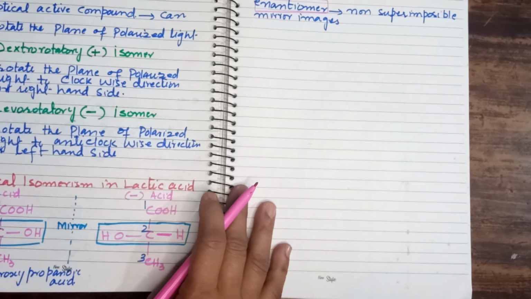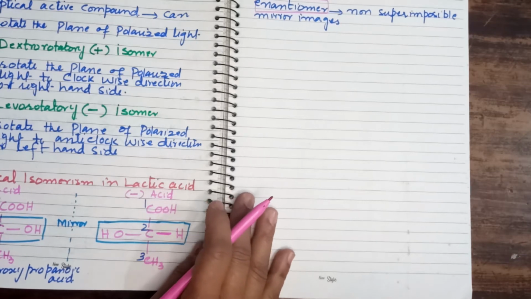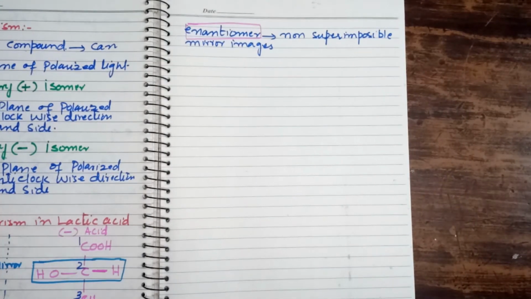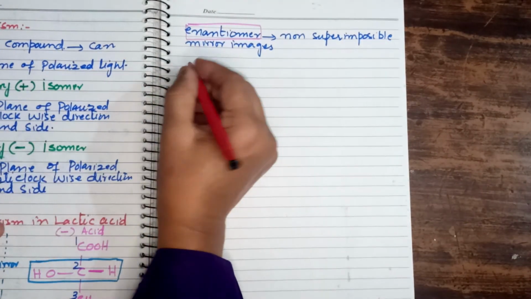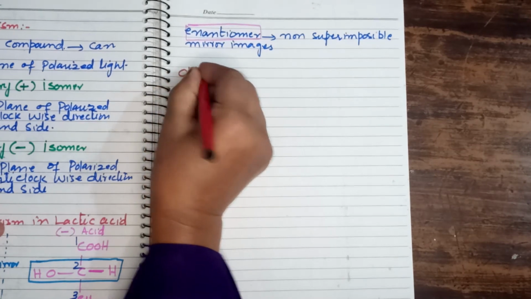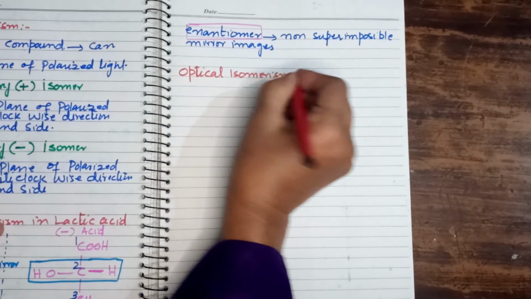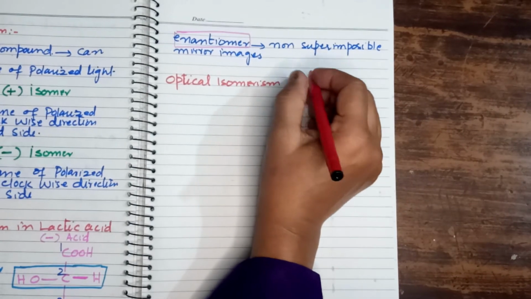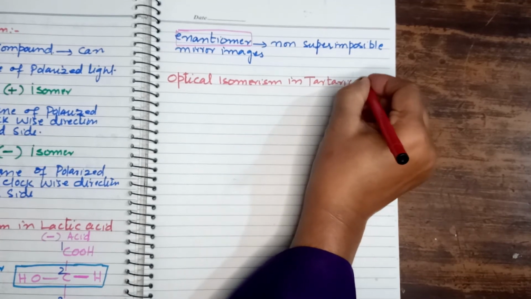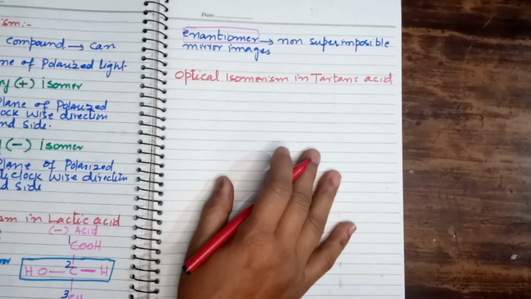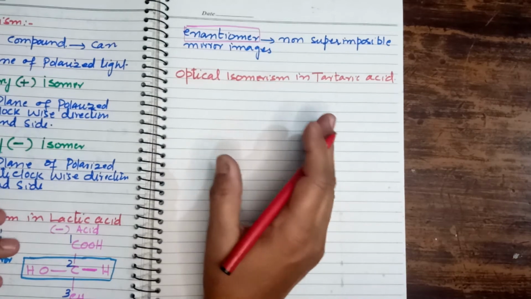Now let's see another example of optical isomers. We will see optical isomerism in tartaric acid.